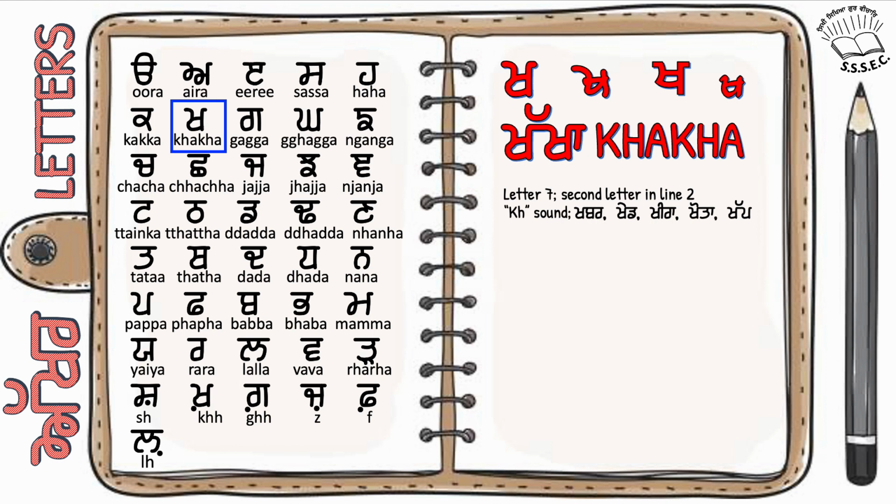And you'll find more about that at the end. So khakha, I'll write it a couple of times here. And as I'm doing this, try to write it yourself as well. That one's a bit messier.